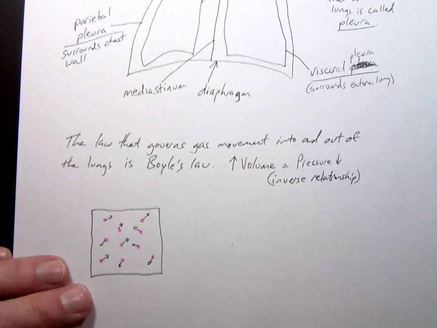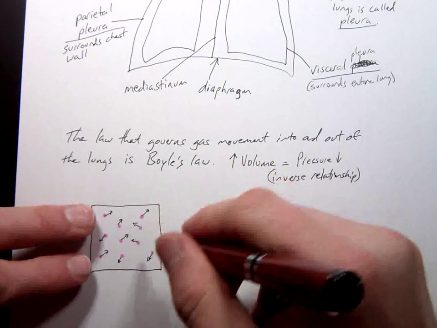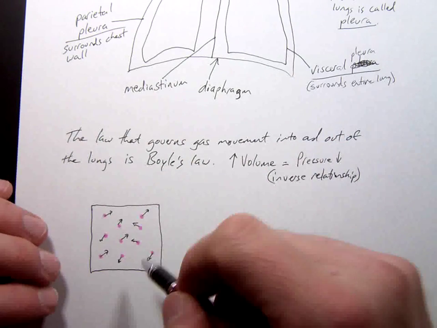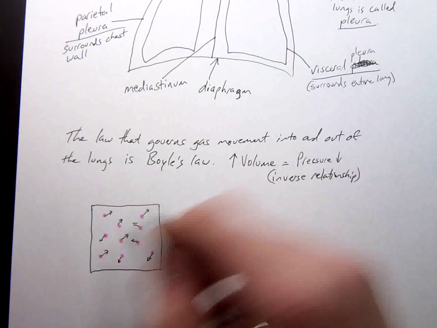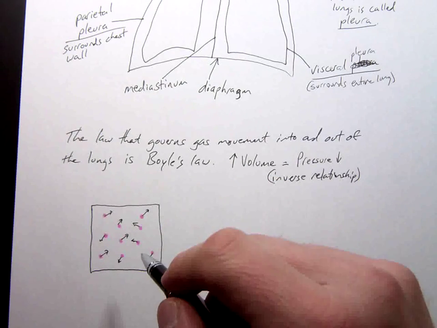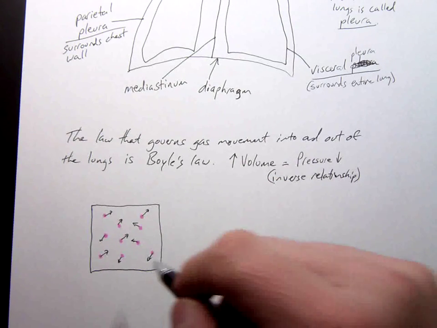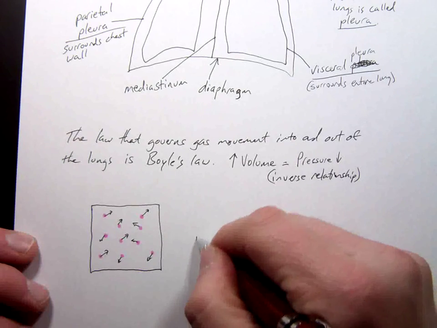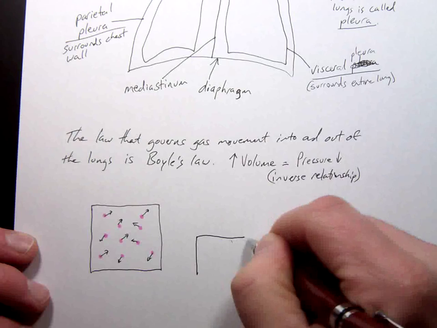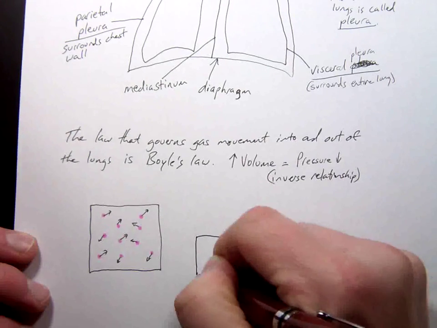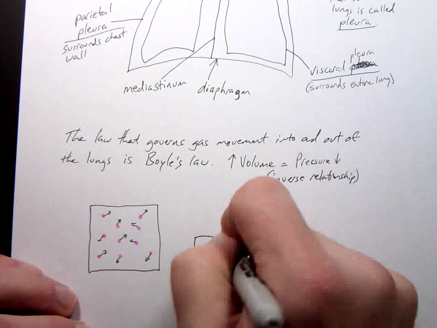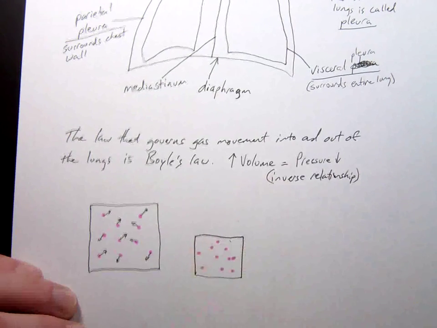Well, let's say that instead, well, pause for a second. The pressure in this container is defined by how many of these collisions are going to occur. So the more gas, the more collisions occur, the higher the pressure. But let's say I take that same fixed volume of gas and I put it in a smaller container. Okay?